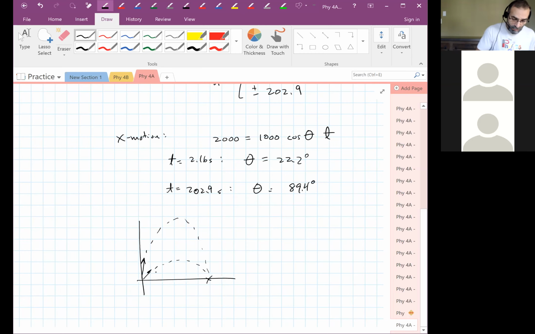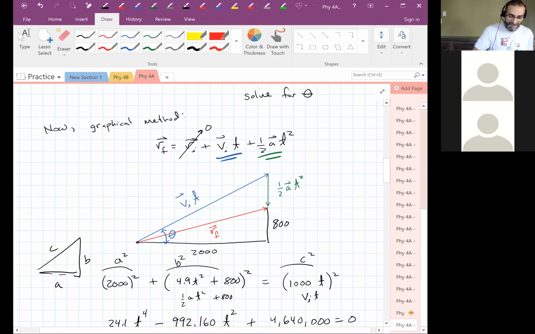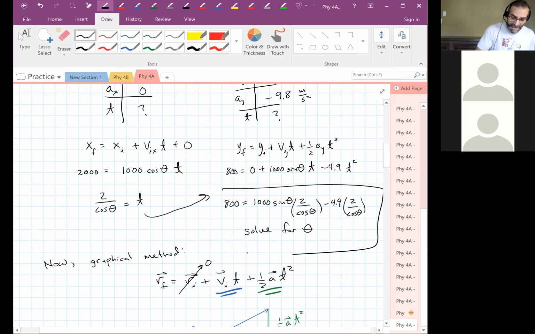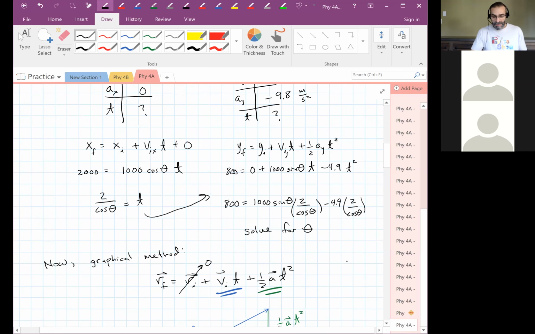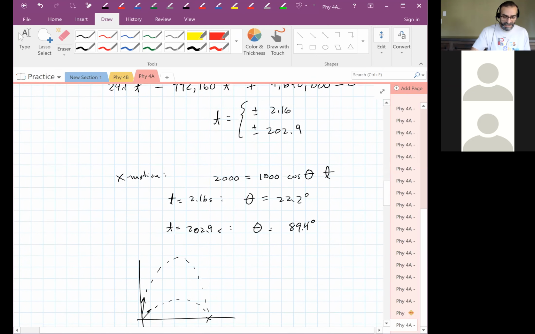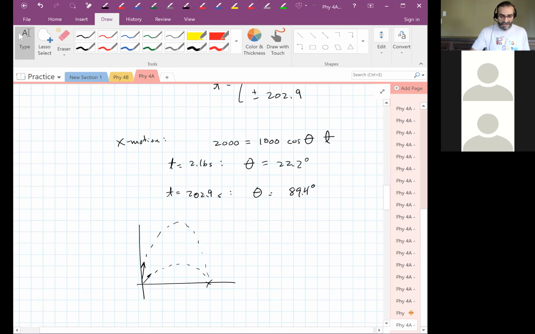Anyway, the point was, pick whatever method you prefer. If you got to this point and stopped, that's okay with me. The physics is finished at that point. The point is that if you like the graphical approach, there are a few cases where it's really nice, and it helps you find an answer that's much more difficult to find otherwise. But if you like the equations, stick with the equations. That's fine.